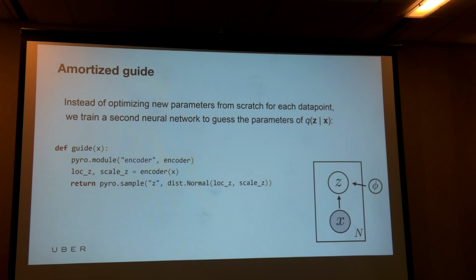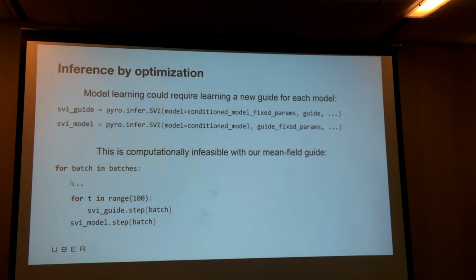And using a neural network in this way is known in the literature as amortizing inference. So effectively we've replaced this little interlude here with a second neural network. Our encoder is now doing the job of this loop.